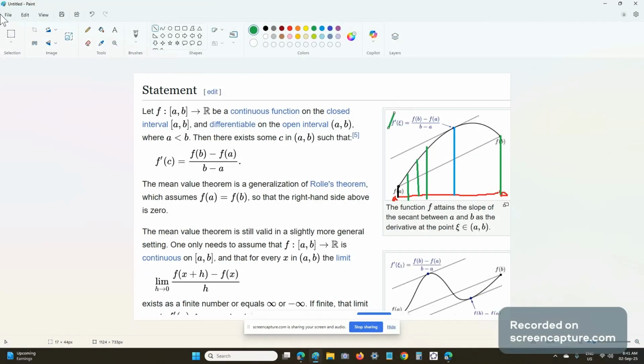So this is not f here, this is f prime. Under f prime, the mean value theorem is saying take all those ordinates, add them all up, and divide them by the interval length, and you'll have this blue one. That's the remarkable thing of the mean value theorem.